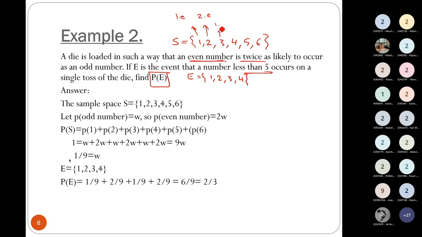Number 3, 1E. Number 4, 2E. Number 5, 1E. Number 6, 2E.